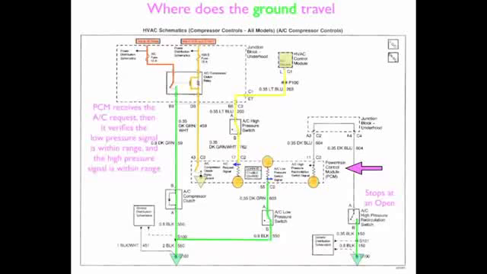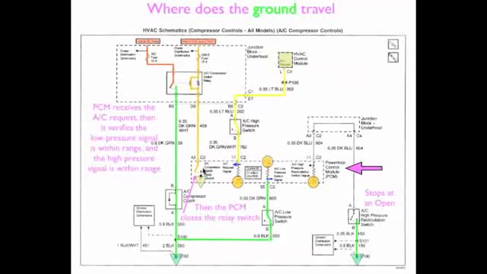The PCM receives the AC request, and then it verifies that the low pressure signal is within range, in a resisted range, and that the high pressure signal, again, is a resisted value and it's within range. So, if all of those circumstances are matched up to the logic inside the software of the PCM, its next step is to then close the relay switch, which is again internal inside the PCM.